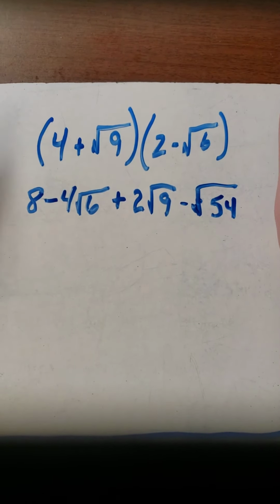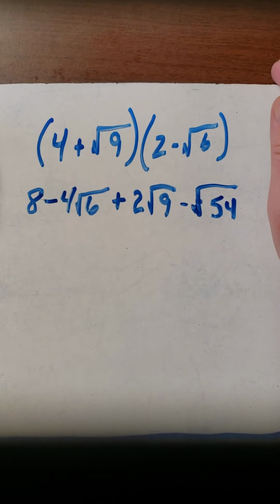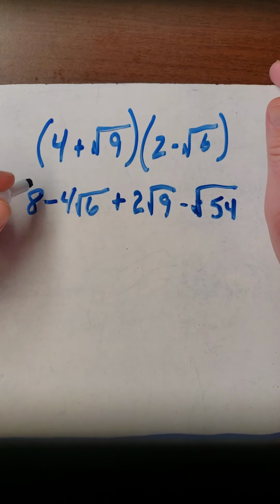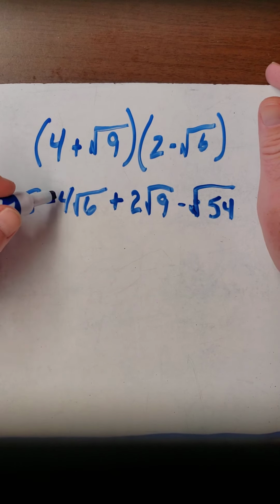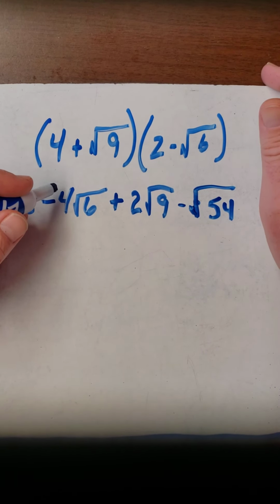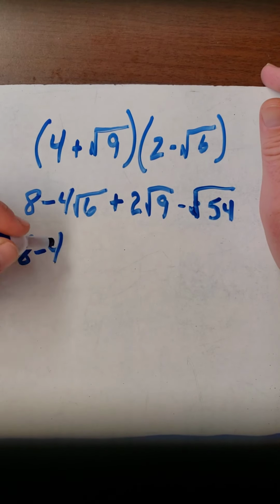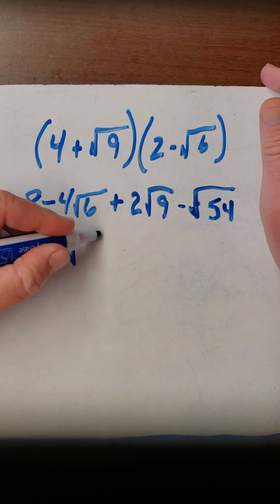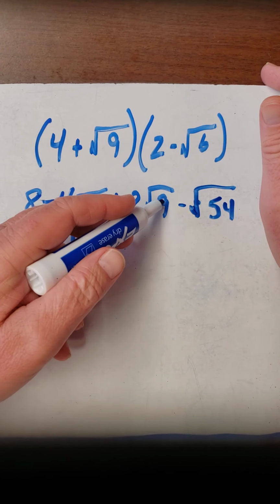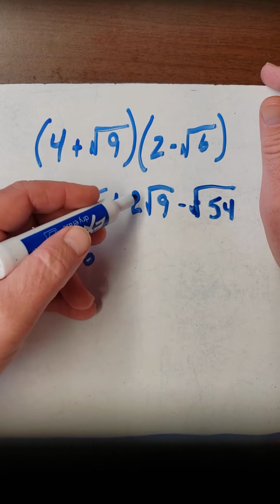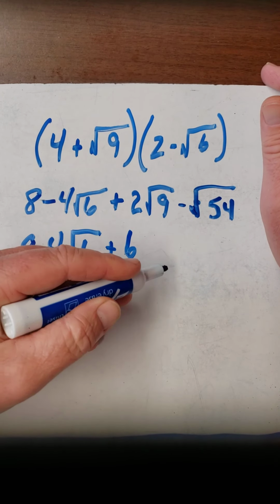Okay. Now we still got to simplify this yet. Okay. And we go 8 minus 4 square root of 6, plus, 9 is a perfect square, so that's 3. 2 times 3, 6.